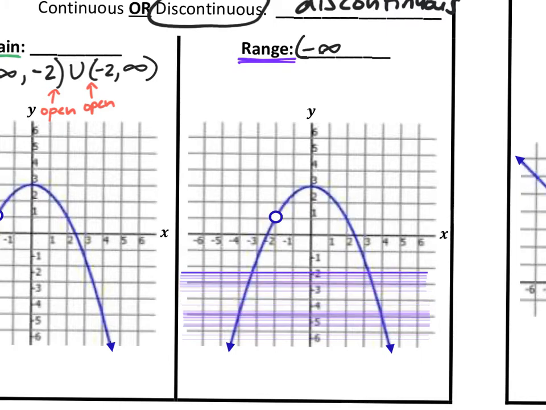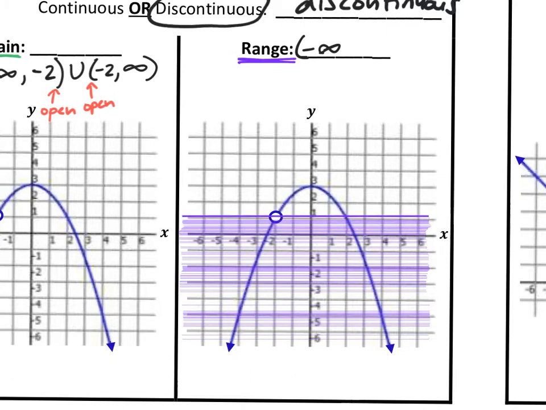Then I'm going to keep moving the stick, and I'm still hitting the graph. I'm hitting the graph here, right? Because even though there's a hole here, I'm still hitting the graph here. So there's no gap in the range. At 1 it's still covered, right?